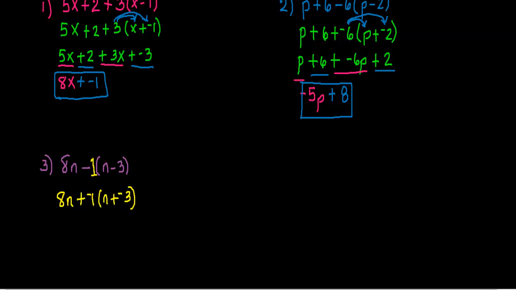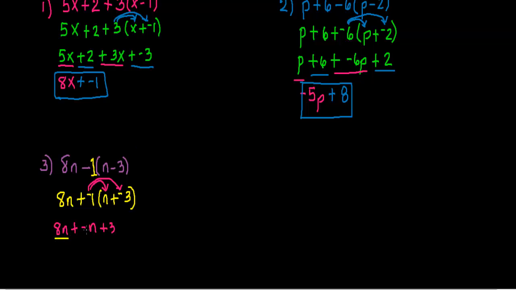So now what do I do? I do the distributive property first. So since I'm not going to use 8n yet, I'm just going to bring it down, 8n, okay? Plus, plus. And then I take negative 1 times positive n, that's negative n. And then negative 1 times negative 3, that's plus 3. Now let's look at the like terms.